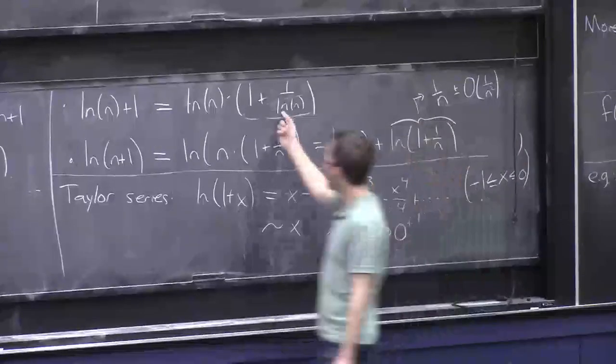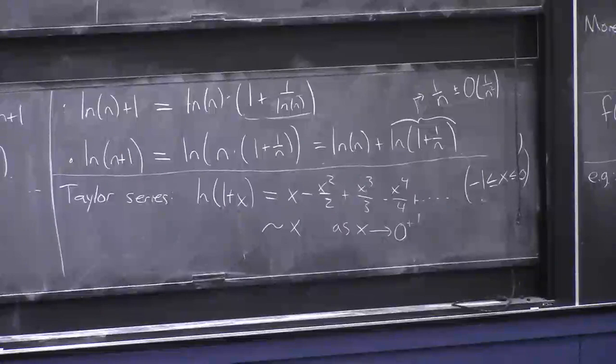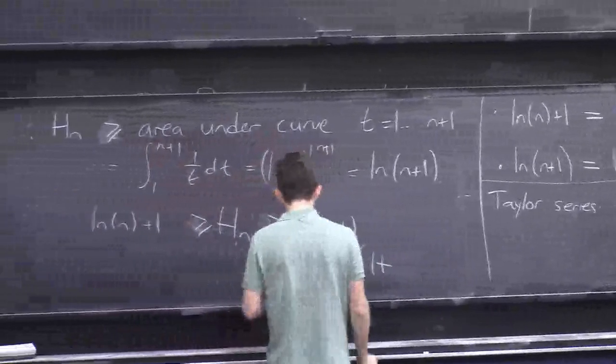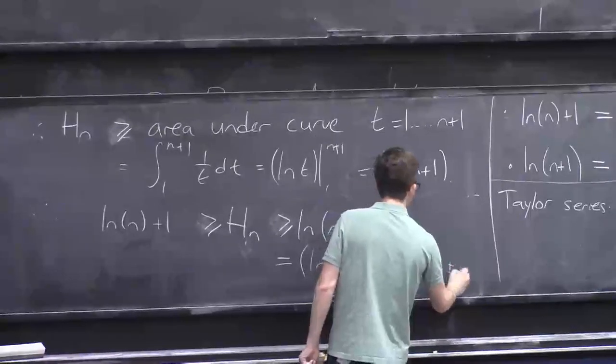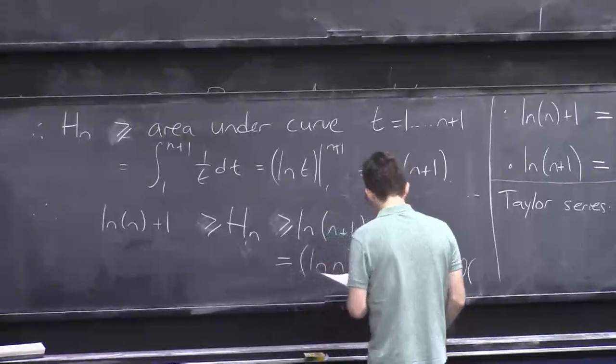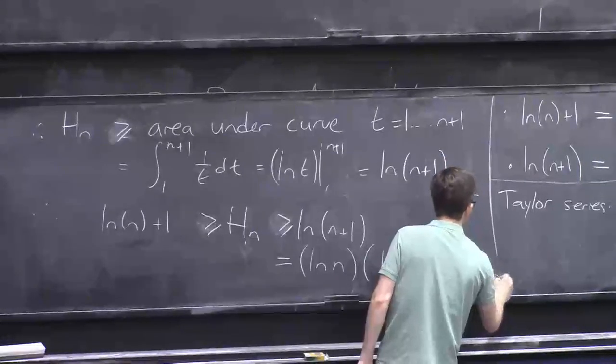And now we still want to get it to look like this, so let me just write it here. We can finally factor out the ln n and get that this is ln n times 1 plus 1 over n ln n plus or minus order basically 1 over n squared, but there's even another log n here.